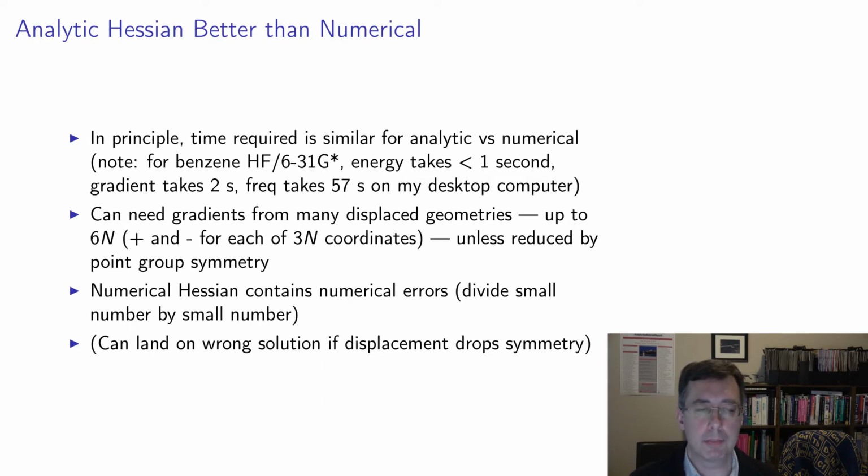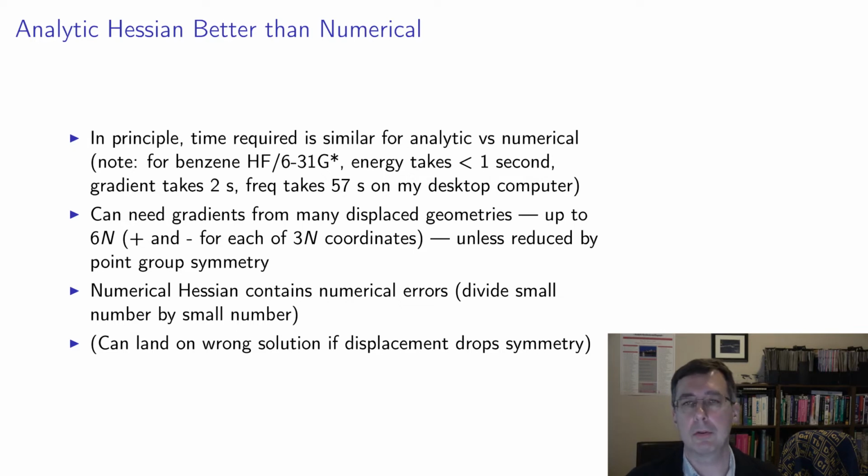And one way to think about that is if I do compute it numerically, then if I do this delta gradient over delta shift kind of formula I had on the previous slide, I might need to go plus and minus for every one of the 3n coordinates. And so I need about 6n gradient calculations.